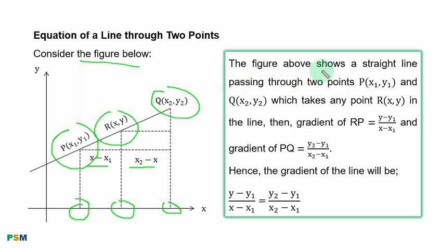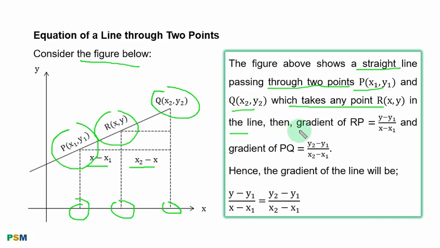The figure above shows a straight line passing through 2 points P and Q, which takes any point R in the line.